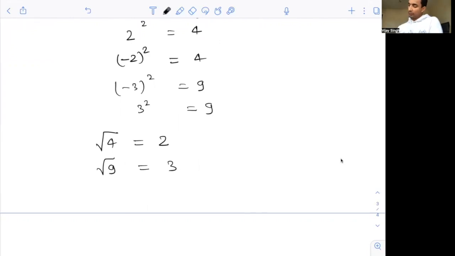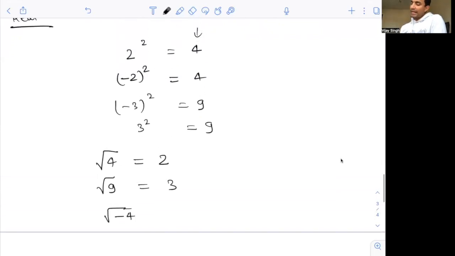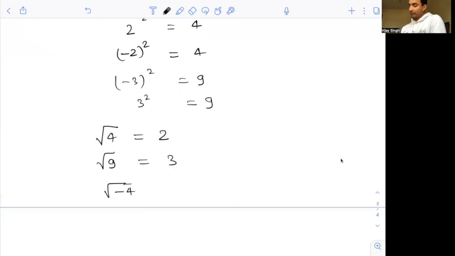What would happen if we took the square root of minus 4? Because every time we square a number, we always get a positive value, there's no way we can take the square root of a negative number and get a number on this side.